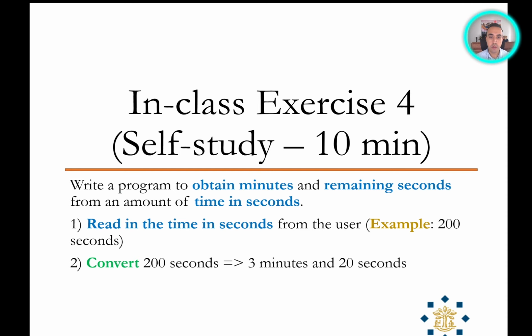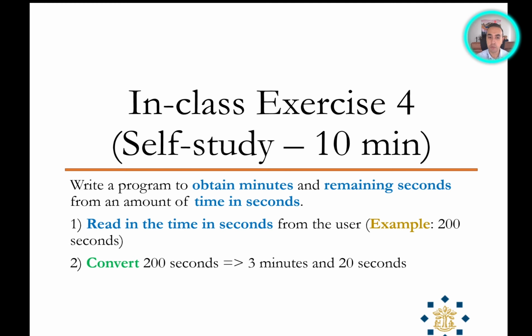Okay, so I'm going to stop the video because we have a self-study in-class exercise. In this exercise, I want you to write a program to obtain minutes and remaining seconds from an amount of time in seconds.